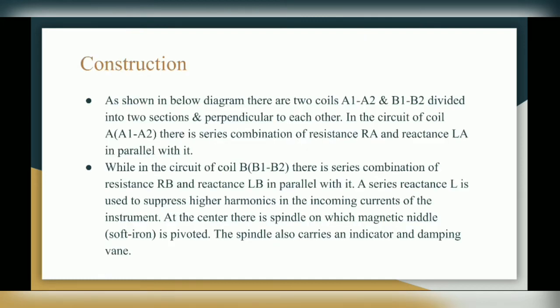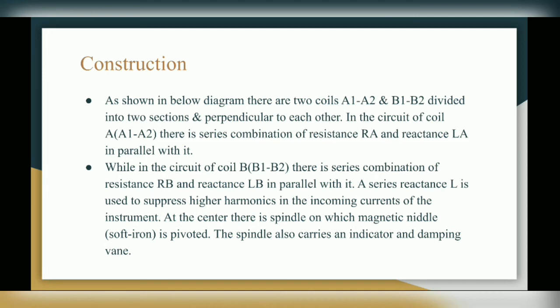Construction. As shown in the diagram, there are two coils A1, A2 and B1, B2 divided into two sections and perpendicular to each other. In the circuit of coil A, A1, A2, there is a series combination of resistance RA and reactance LA in parallel with it.